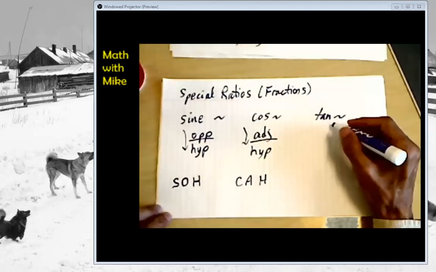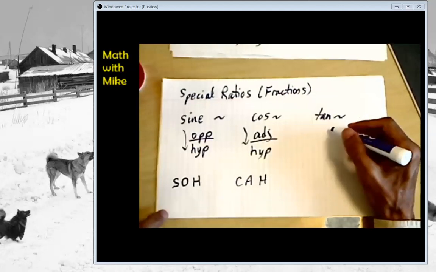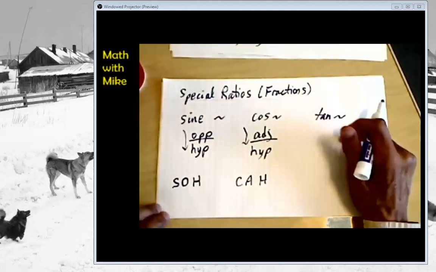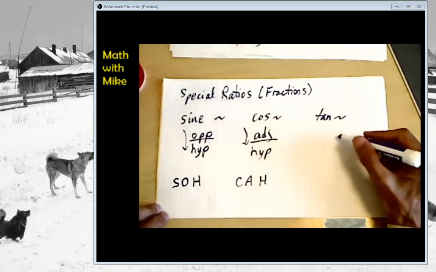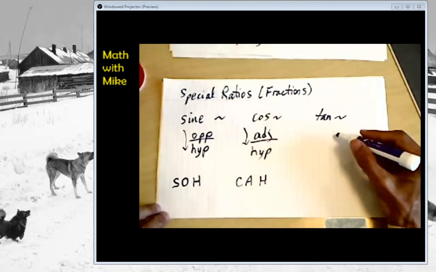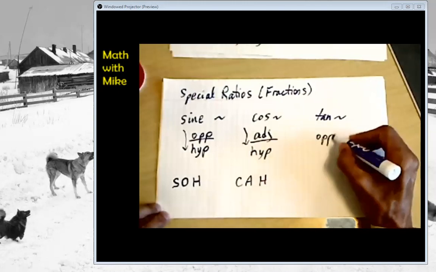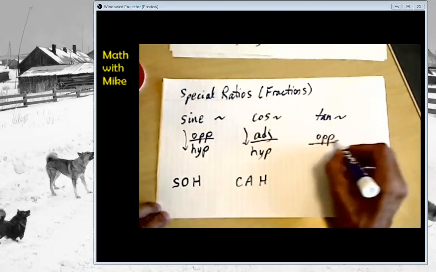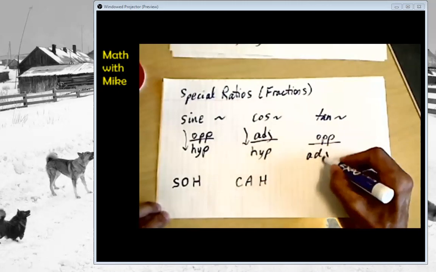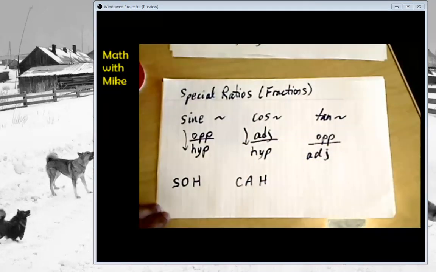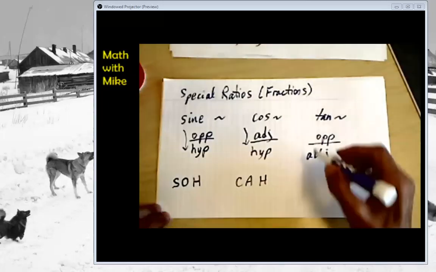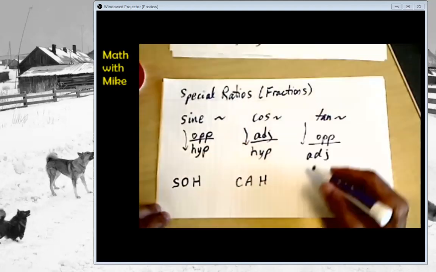And the last one, tangent. Heard it earlier in the class. What are the sides that make this special fraction? It's the opposite side divided by the adjacent side. And the letters again, taking them down.